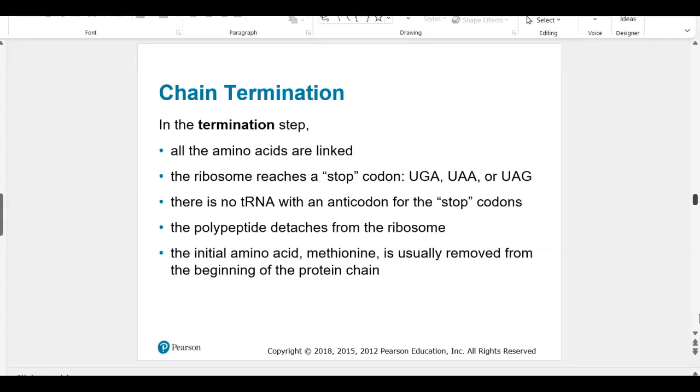In the termination step, all the amino acids are linked, and the ribosome reaches a stop codon, which is UGA, UAA, or UAG, and there's no transfer RNA for the stop codons. So what simply happens is that the polypeptide detaches from the ribosome, and, like it says here, usually methionine is removed from the beginning of the protein chain, because in most cases it's there only to indicate the start codon, but it is there at the outset.